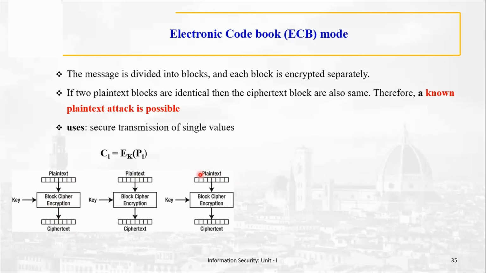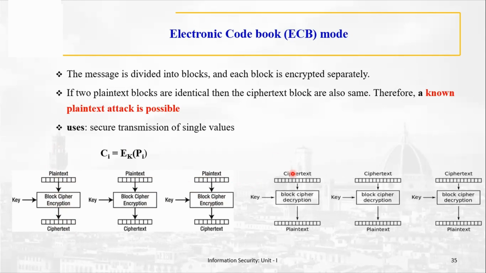In a file or any data that you are encrypting, you have to create the blocks, and this process is repeated for each block. So this is a very simple operation mode. During the decryption process, the decryption algorithm is used instead of the encryption algorithm. The ciphertext is provided to the decryption algorithm, and you produce the plain text.